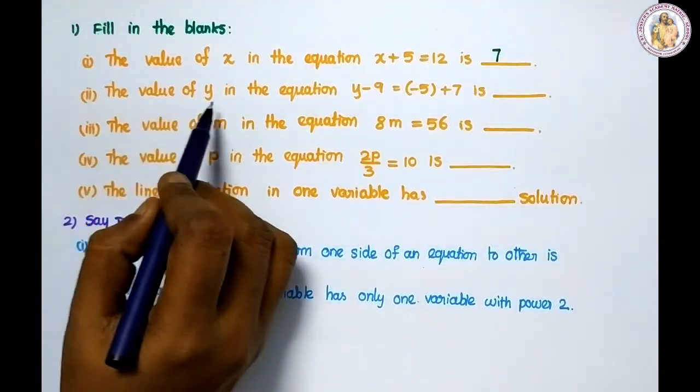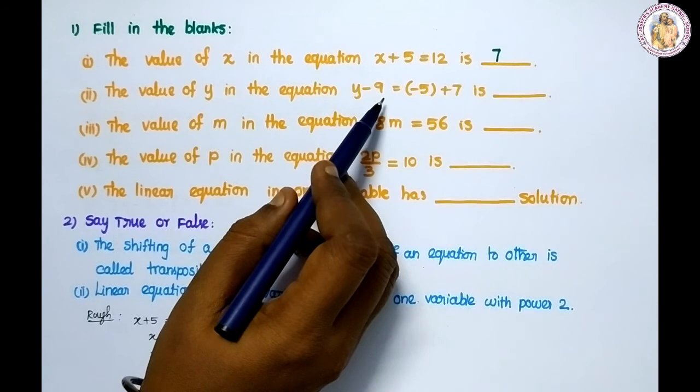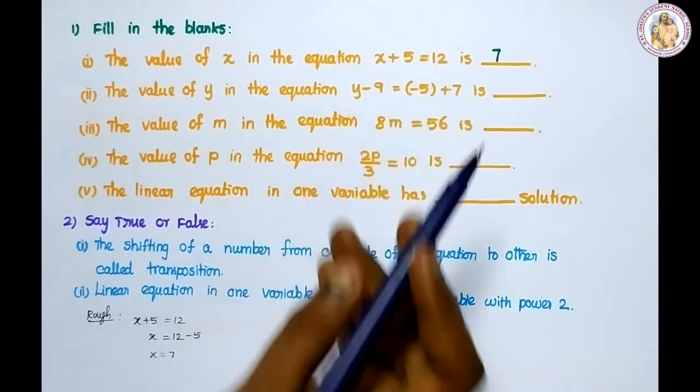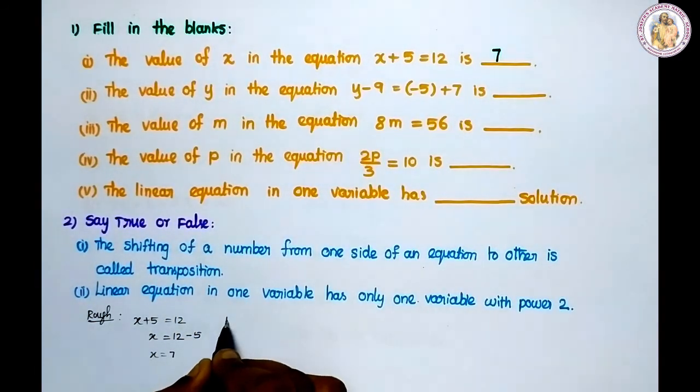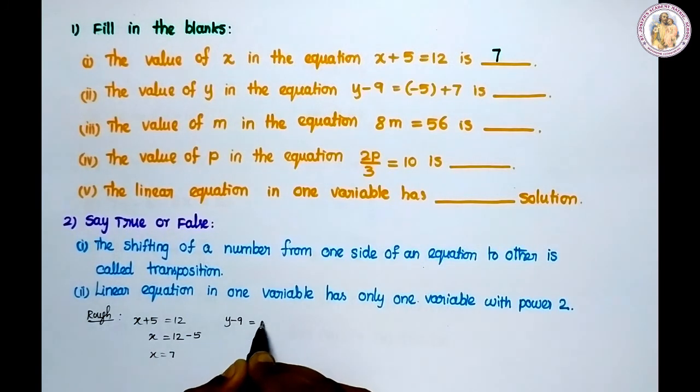Next one, the value of y in the equation y minus 9 equal to minus 5 plus 7 is dash. y minus 9 equal to minus 5 plus 7. Different signs, so we subtract the numbers and get 2.